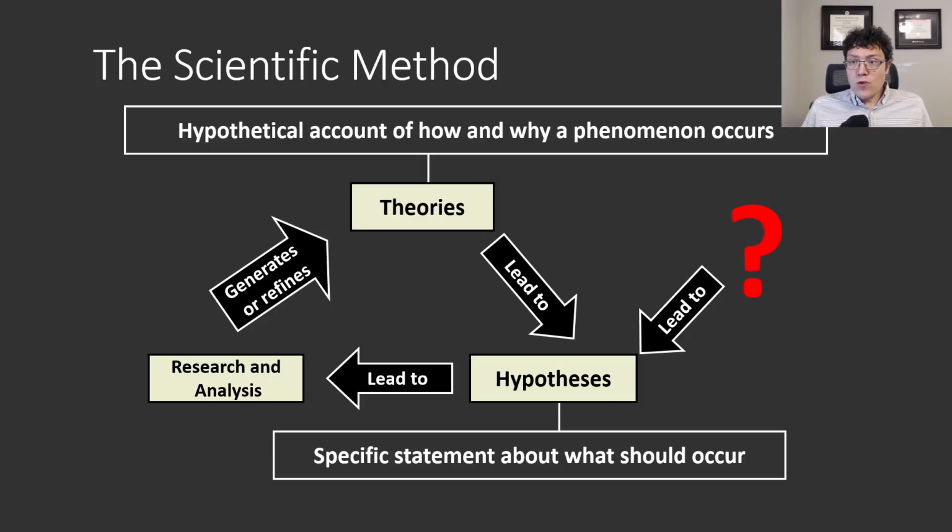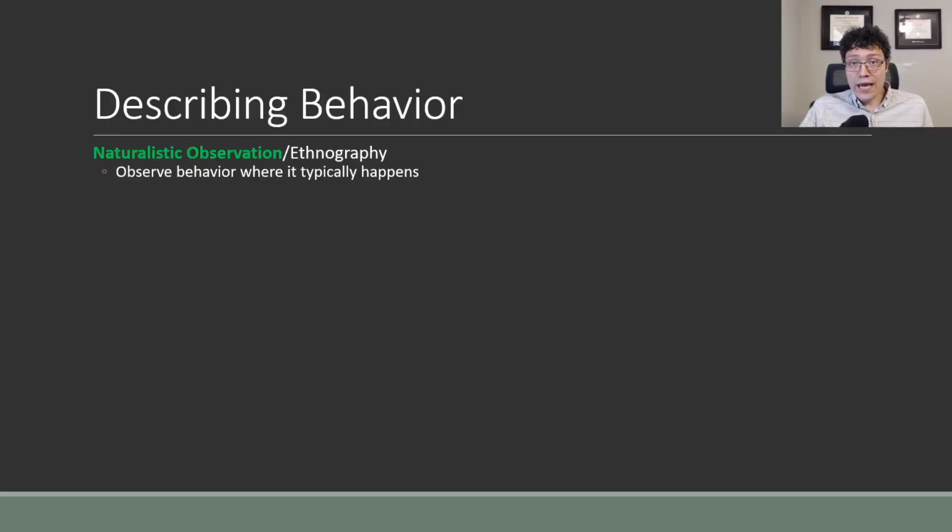So when it comes to how we as psychologists study people, one thing we can do is describe behavior through naturalistic observation. So we can just observe behaviors as they happen. You can go sit down in a coffee shop and see how people act. But then it becomes a question of, is it just you sitting there watching, or are you going to participate?